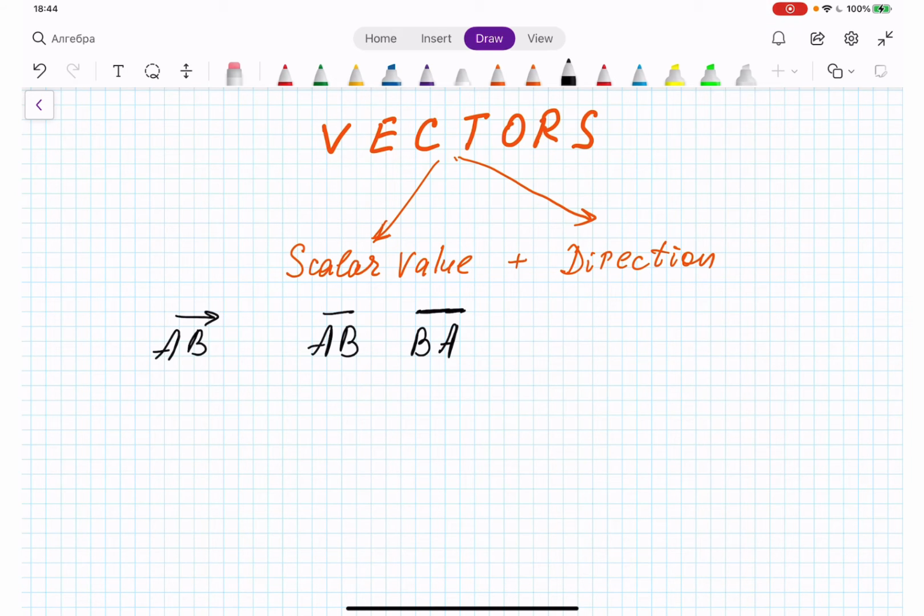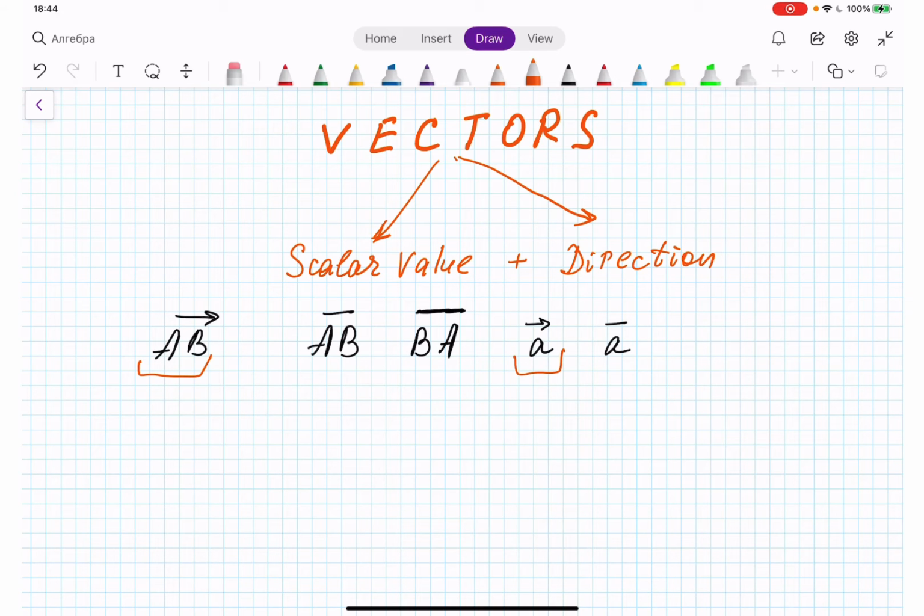The meaning between all three, or it can be written down as a vector like that or like this. So what are the differences and similarities? The correct way to write it down is with an arrow on the top.